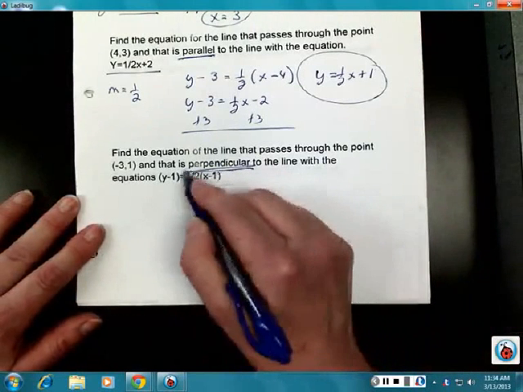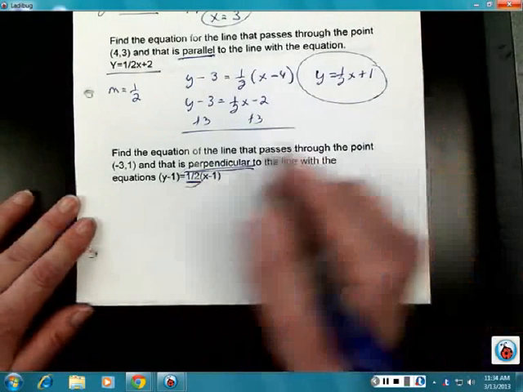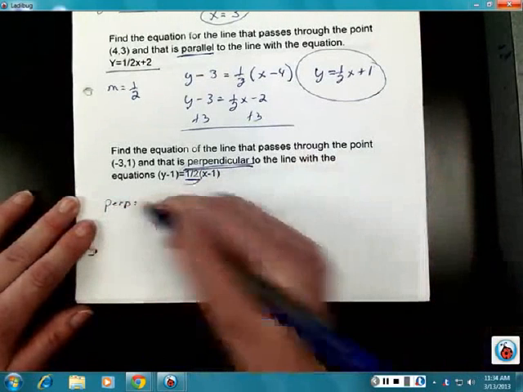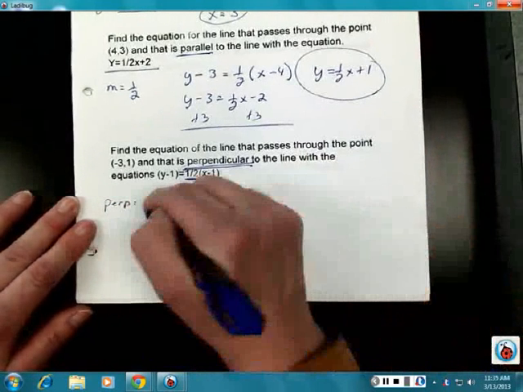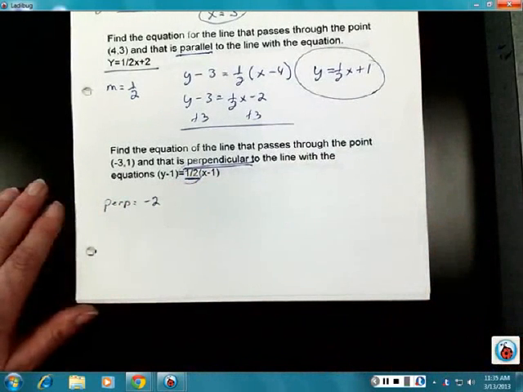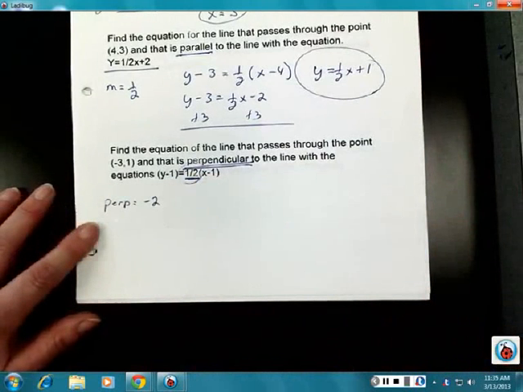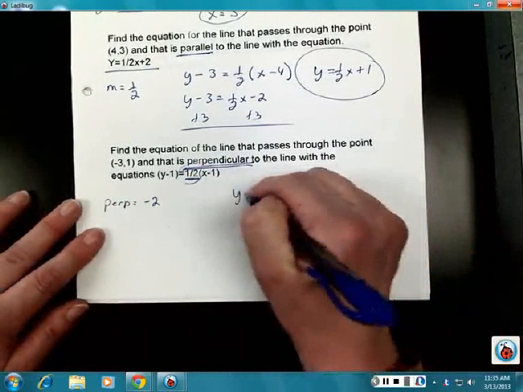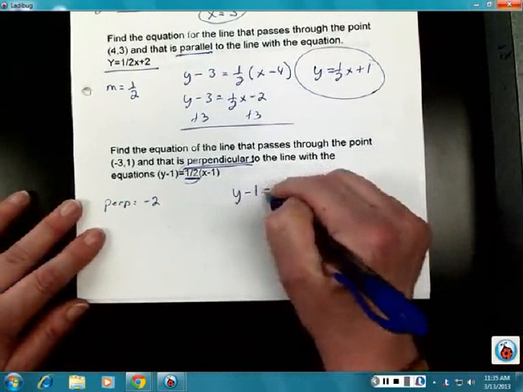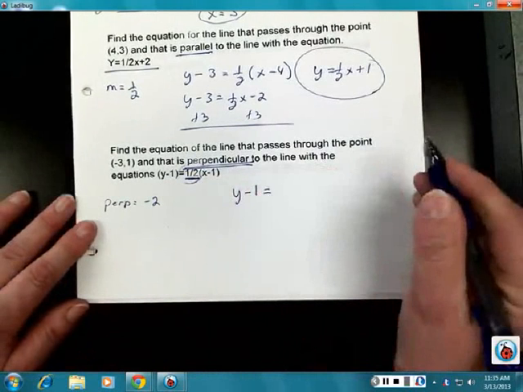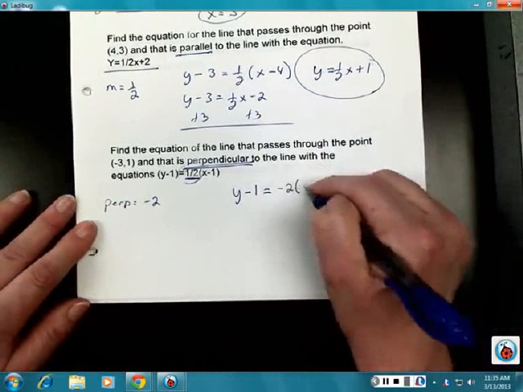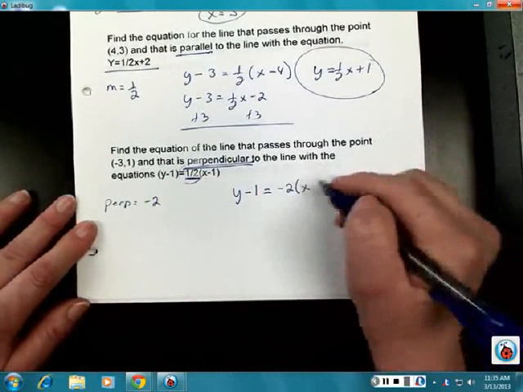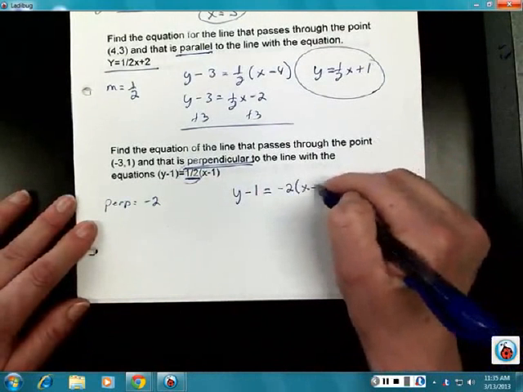The slope is going to be 1/2, so this is your slope. So what's the perpendicular? I reverse it, take the reciprocal of it, and take the opposite sign. So for that one, we would want to do y minus 1 equals negative 2 times x plus 3.